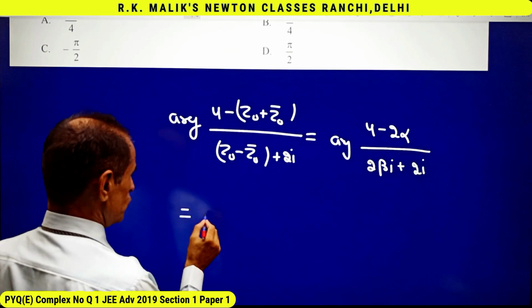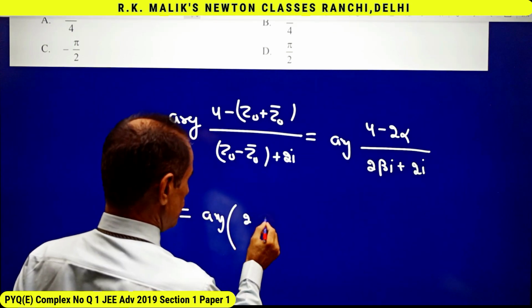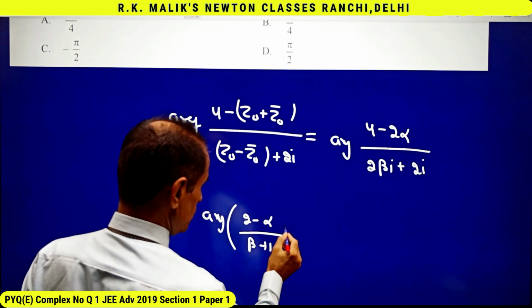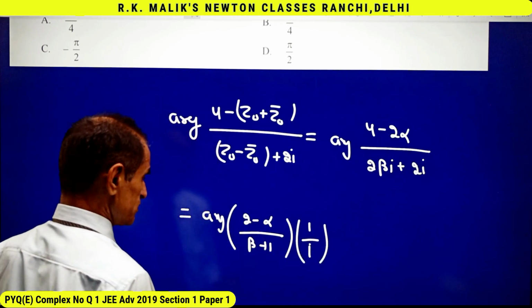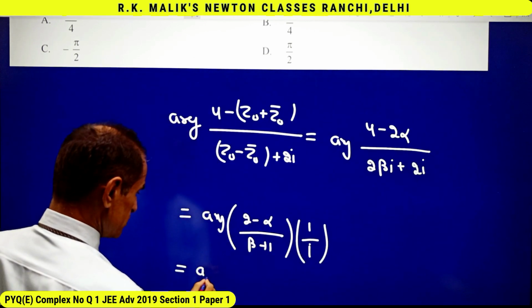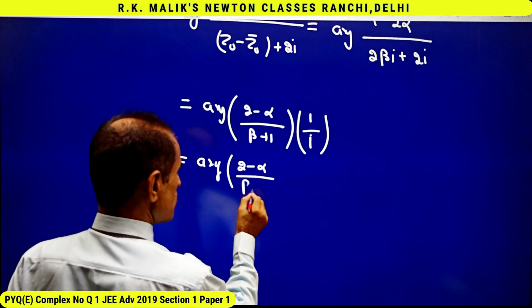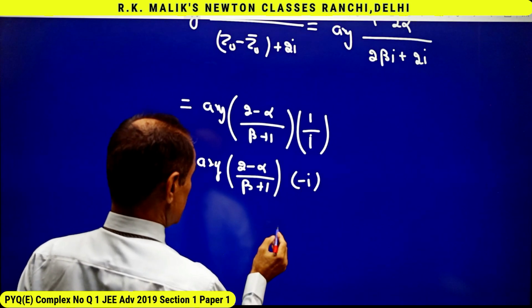That is, this is equal to argument of 2 minus alpha upon beta plus 1 into 1 upon I, and 1 upon I is minus I. That is, I get argument of 2 minus alpha upon beta plus 1 into minus I.